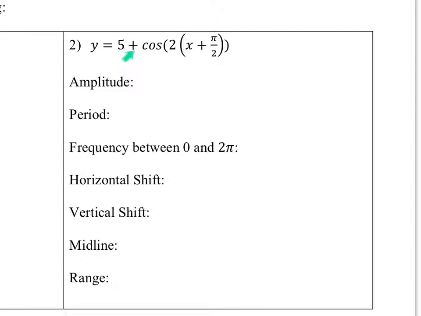Just notice if it's got a 5 plus or minus anything, this 5, that's your vertical shift. Okay? It's not your amplitude. Your amplitude is what's multiplied times that cosine or the sine. So right there, in that case, it's going to be 1. So the amplitude is 1.